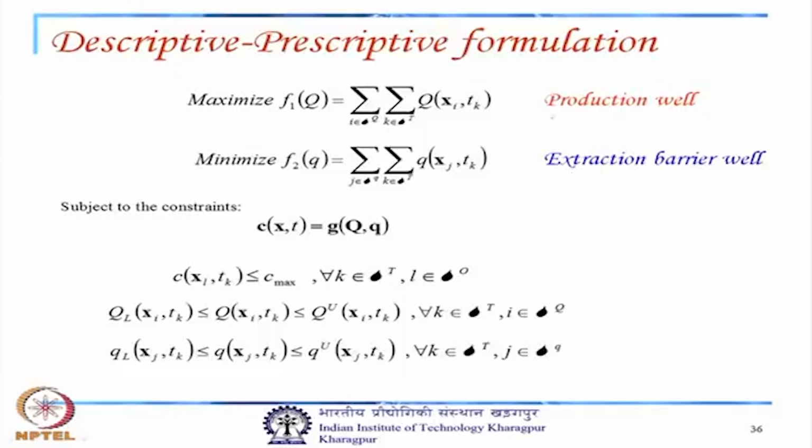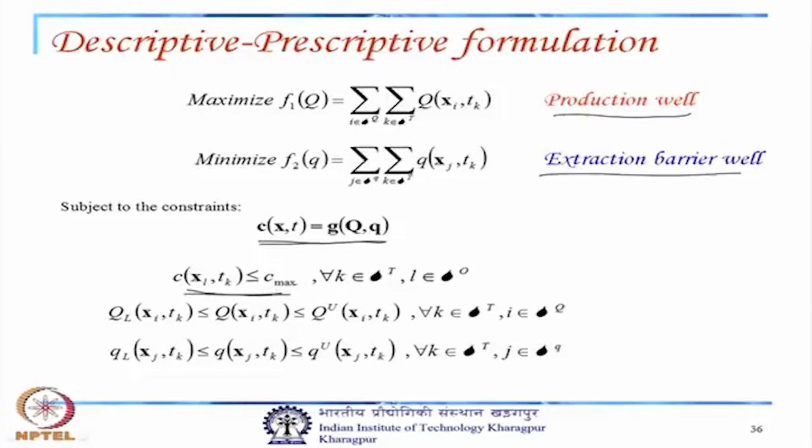We can have 2 objectives for any saltwater intrusion management model, that is production well, extraction barrier well. This is the groundwater flow transport equation which relates the concentration with the flow transport relationship. There should be some kind of limit on concentration.